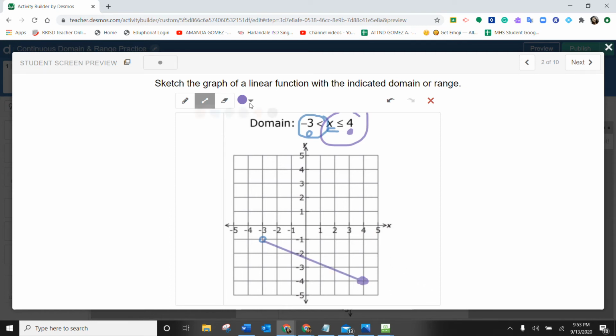That didn't turn out so bad. Oh well, whatever. So I created a linear function. It looks like a line, and it has a value. It begins with an exclusive value at negative 3 and an inclusive value, that means solid dot, at 4. Do my y values matter at this point? No, they don't at all. But let's move on to the next one.